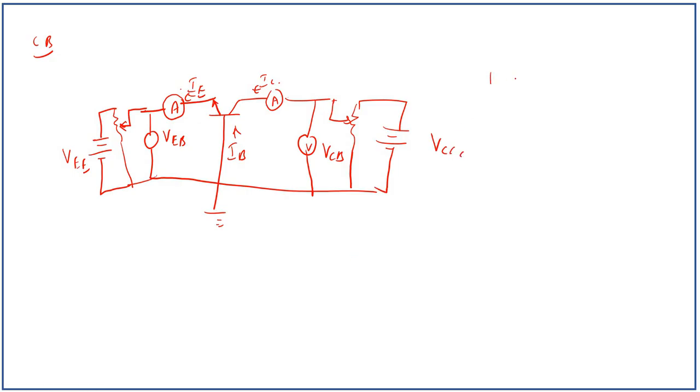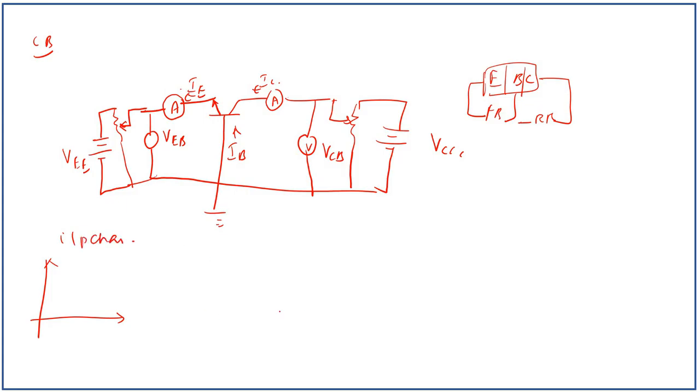So here again emitter, base and collector. The emitter base junction is forward biased and the collector base junction is reverse biased so that the transistor may work as an amplifier. So we need to draw the input characteristics and output characteristics.